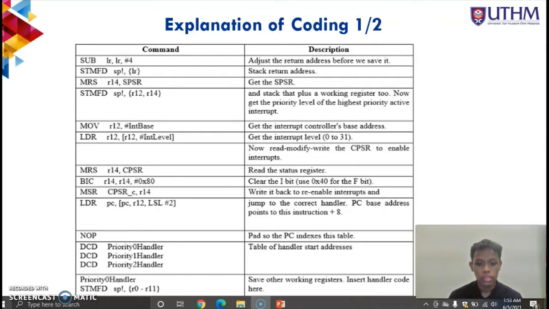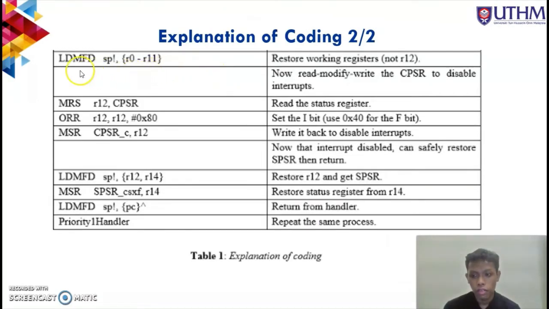Pad, so the PC indexes this table. Table of handler start addresses. Save other working registers. Insert handler code here. Just add this code. And then for the LDMFD, we want to restore working registers, not R12. Then now read, modify, write the CPSR to disable interrupts.